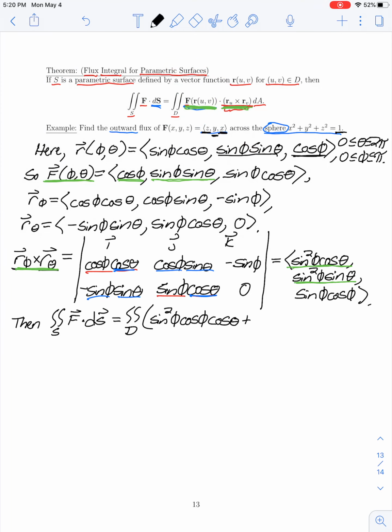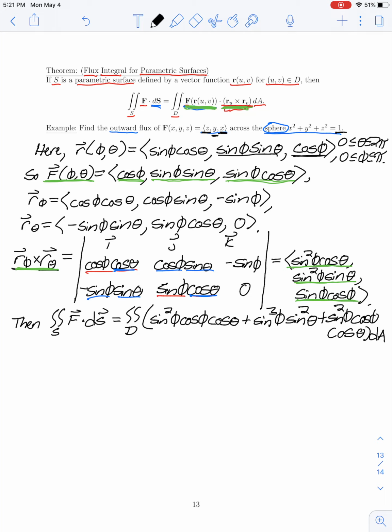So altogether we have a sine cubed phi sine squared theta. And then plus, for our last component, we have sine of phi cosine of theta times sine of phi cosine of phi. So on the end, we are left with sine squared phi cosine phi times cosine theta.